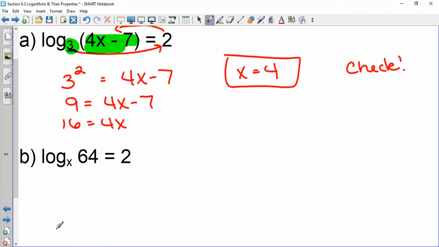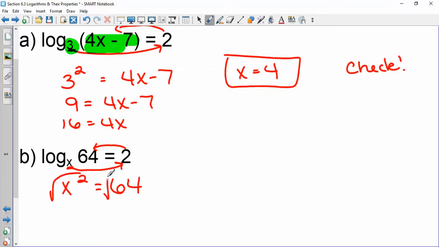Okay. Next one. So this would be x to the second equals, how do we get rid of a square?